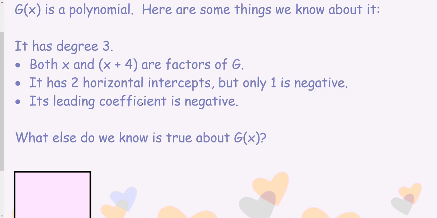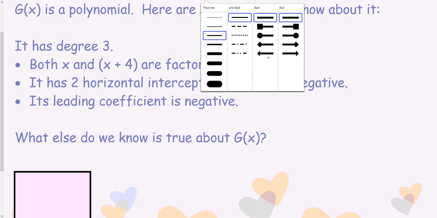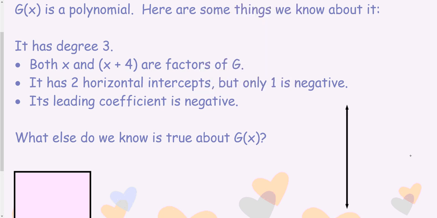Let's just create a little axis here, with arrows, and here's my graph. Let's mark off our graph: 1, 2, 3, 4. 1, 2, 3, 4.